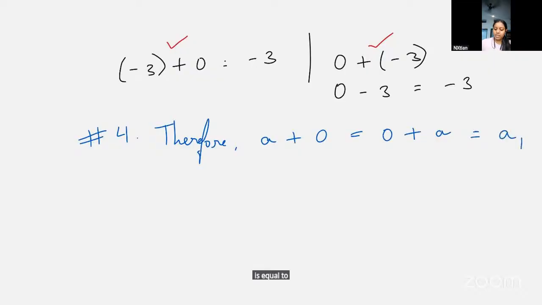A plus 0 and 0 plus A both are equal to A, when A is an integer. Understood? Hope that's clear to you. Yes, ma'am.